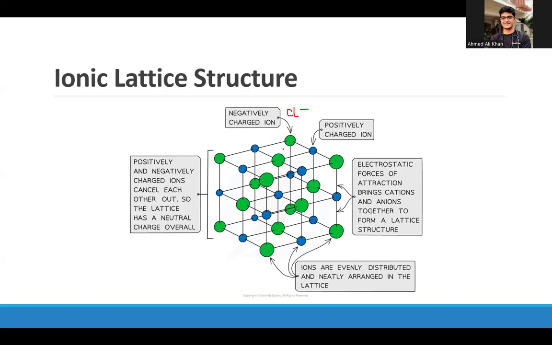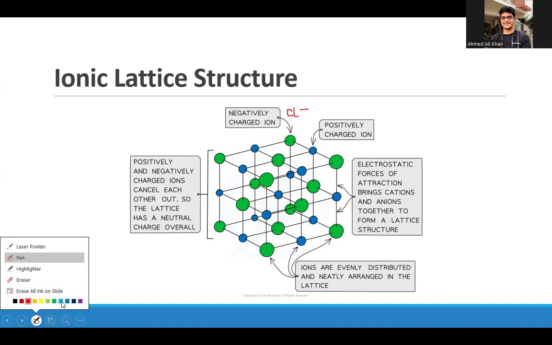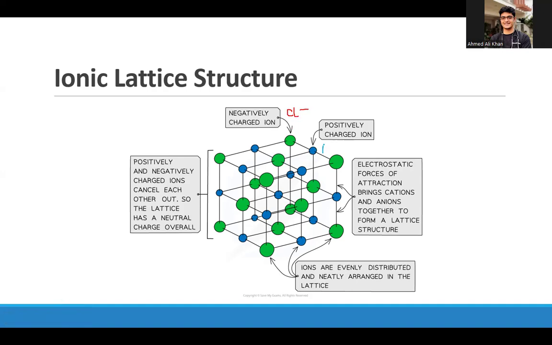So we have the negatively charged chlorine atom, and then we have the positively charged sodium atom, right? So you can see sodium ions are forming this bond with chloride ions. This is an ionic bond. Similarly, this bond alternates with another chlorine atom, and this alternates with this chlorine atom.